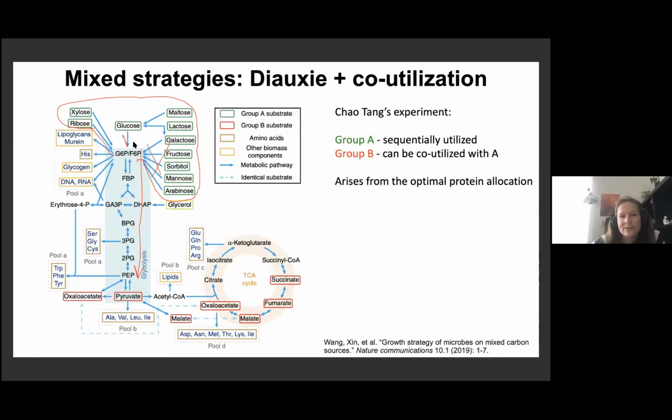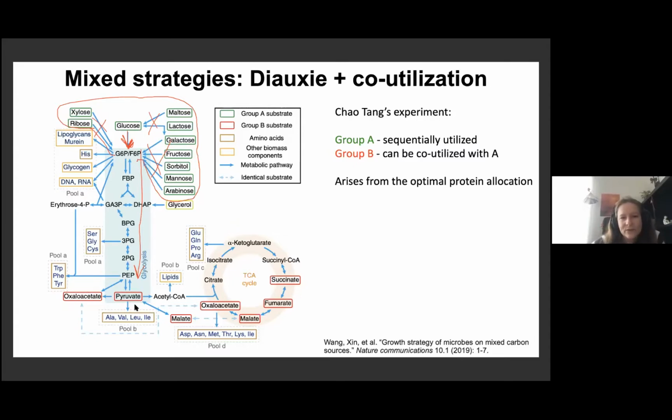So you want to maximize your glucose uptake as much as possible because it will give your highest growth rate. So you want to downregulate all those other enzymes that can potentially block this flux here.